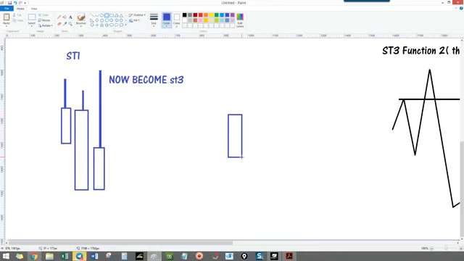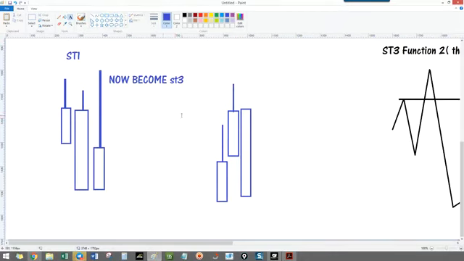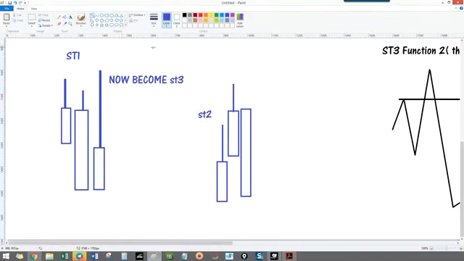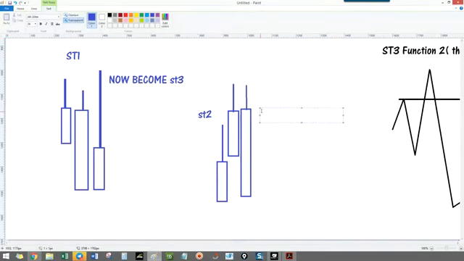But if you have ST2, it is impossible to be a ST3.